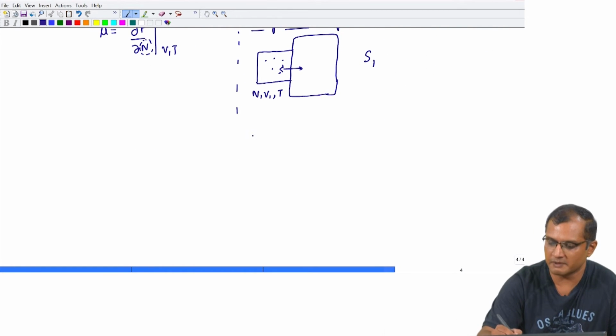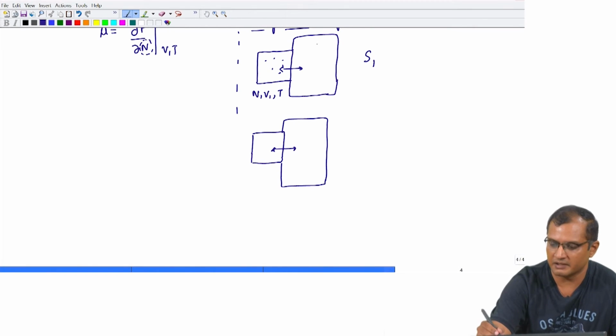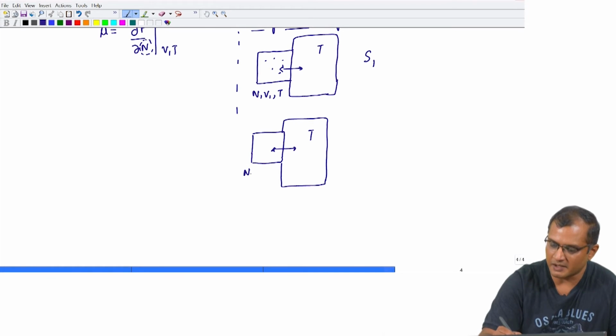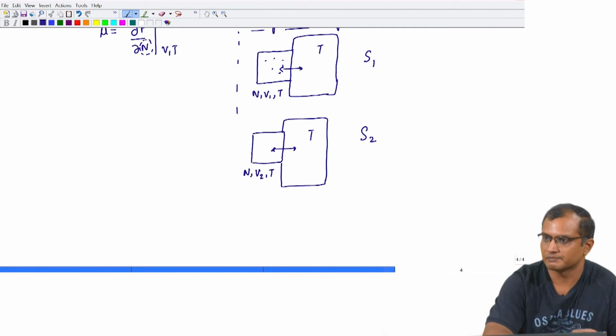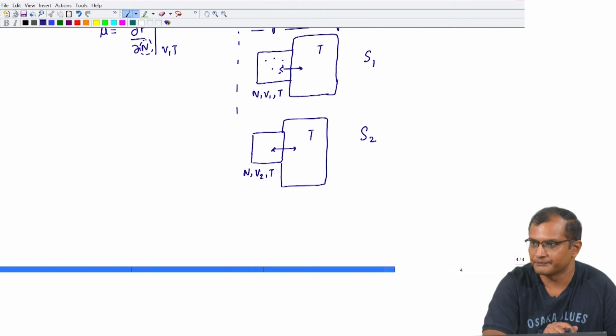Then you do an experiment with another system. This new system is in contact with another reservoir, but at the same temperature. The number of particles are the same, but the volume of the system is V2. This is my second system. You are free to choose any volume.